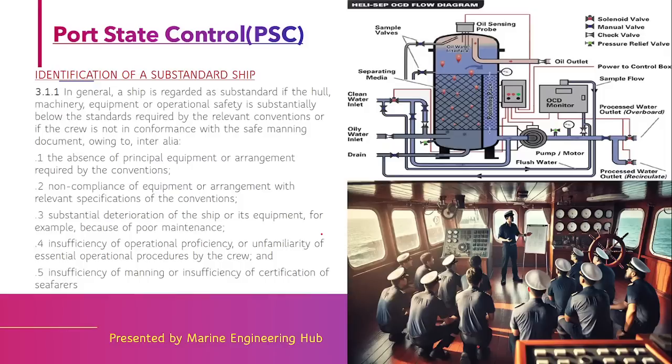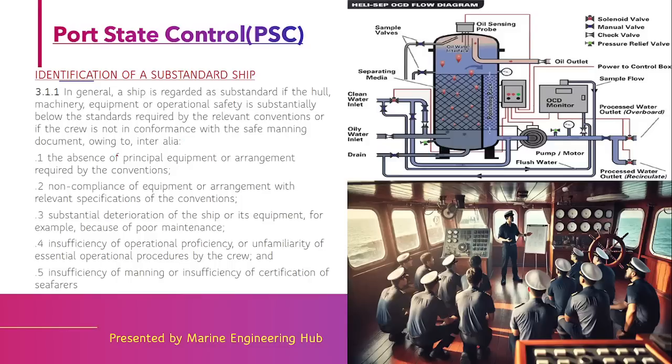Now if anybody asks what you mean by a substandard ship, substandard ships are those ships where the hull, machinery, or equipment appear to be below the standard. What do I mean by below the standard? It means that the clear grounds will apply here.